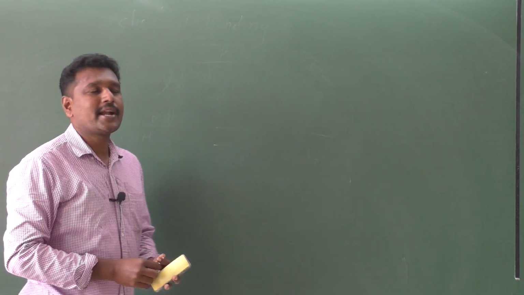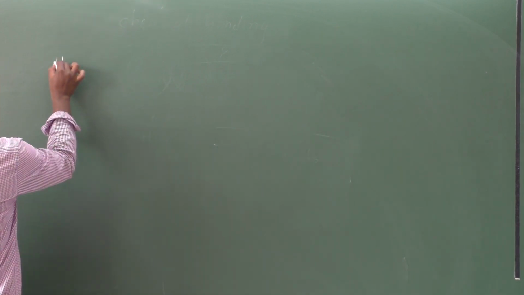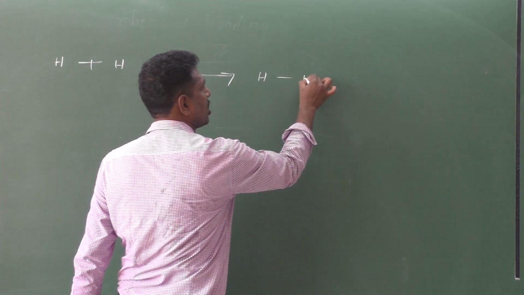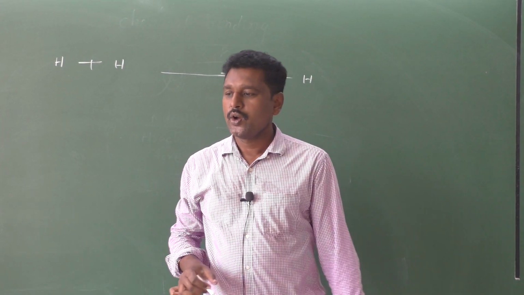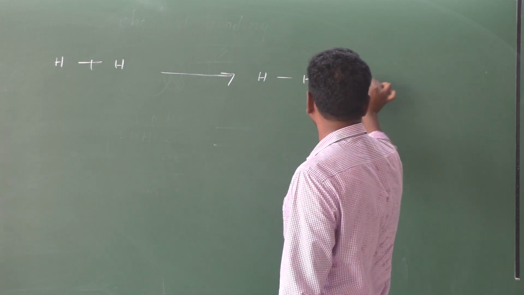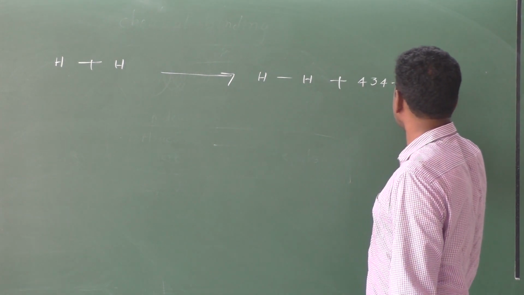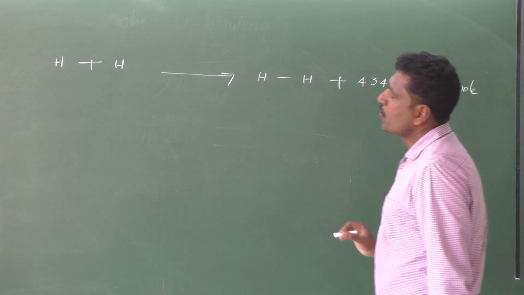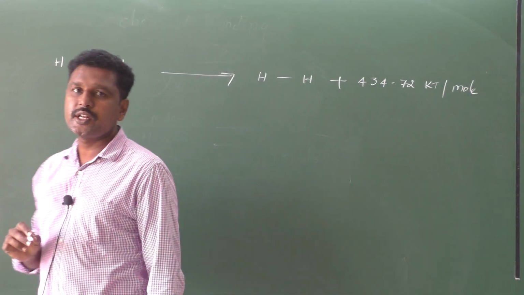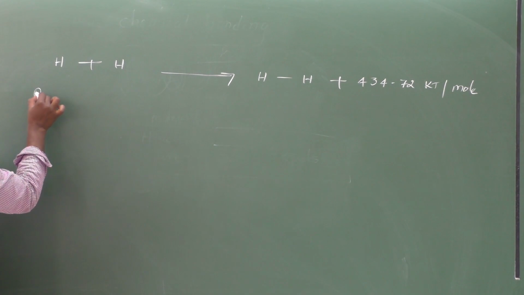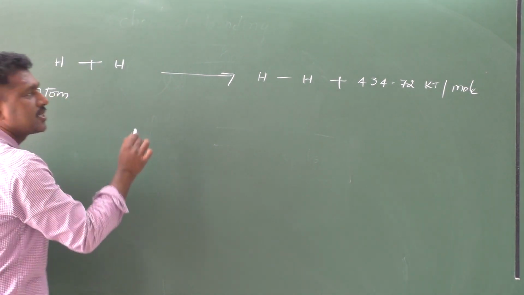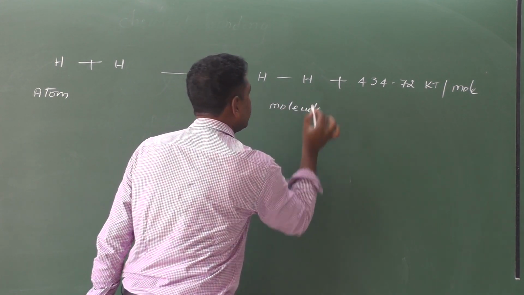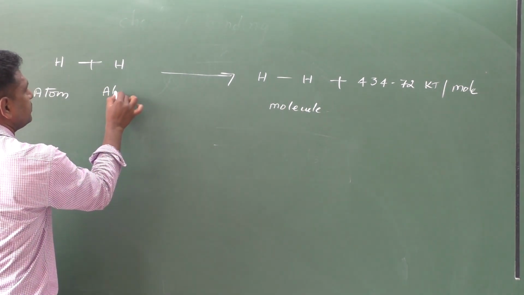So here atoms are H plus H giving rise to an H2 molecule plus 434.72 kilojoule per mole. Here this is a hydrogen atom, this is a hydrogen atom, and this is a hydrogen molecule.